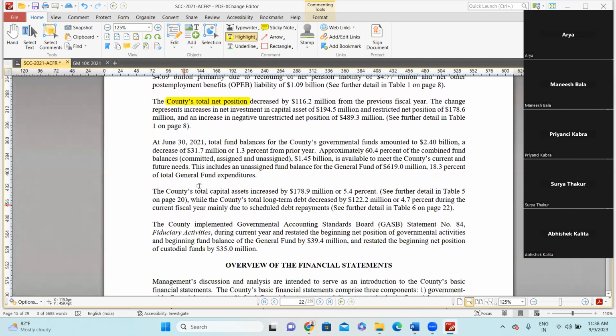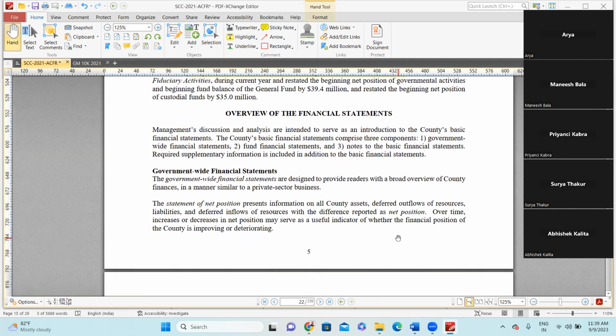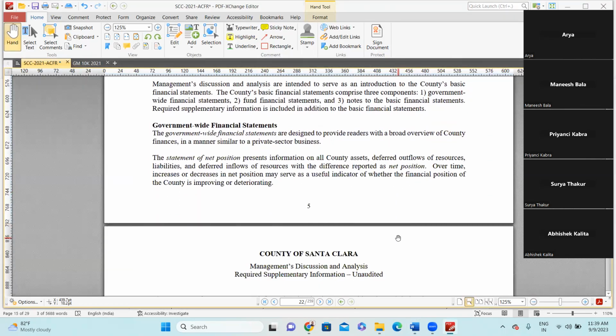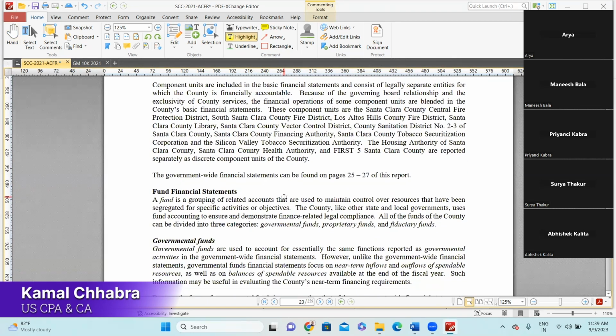Then they discuss the total fund balance, right? Then they discuss total capital assets. Then they discuss the implemented Governmental Accounting Standards Board statements, right? So these all come, and then if you see the overview of financial statements, they have given information coming from the government-wide financial statement as well as the fund financial statement, right?